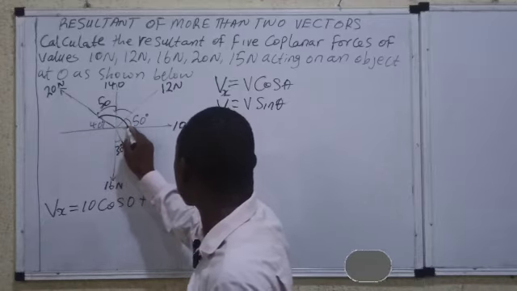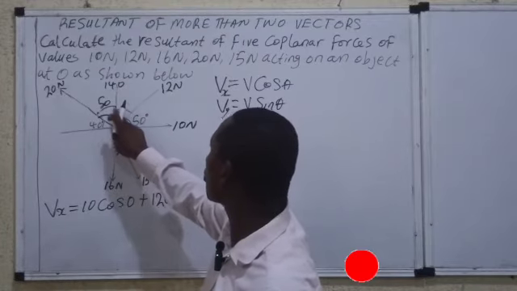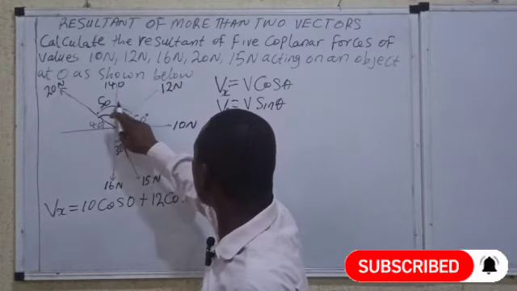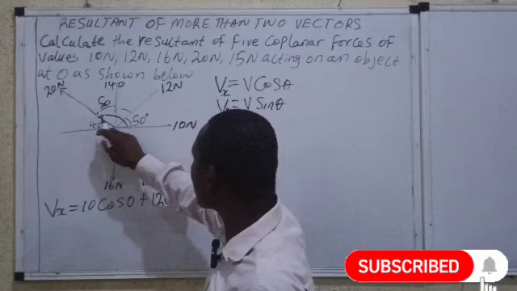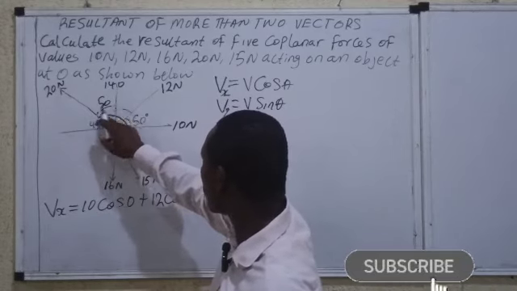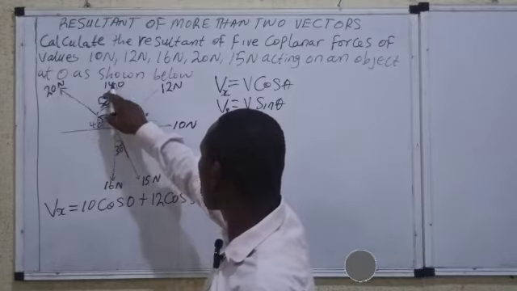This whole place is 140, because I'm adding the 90 here to the 50 here. How did I get this 50 again? This whole place is 90, and they said this place is 40, so the remaining place will be 50. So this 90 plus this 50 is 140.